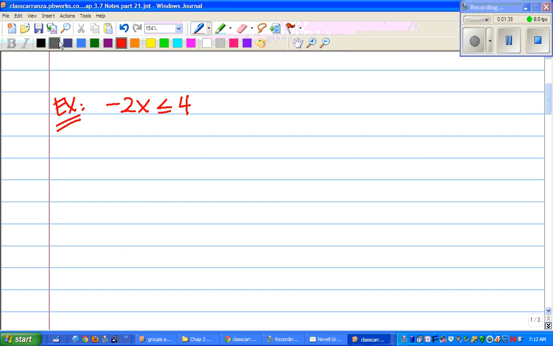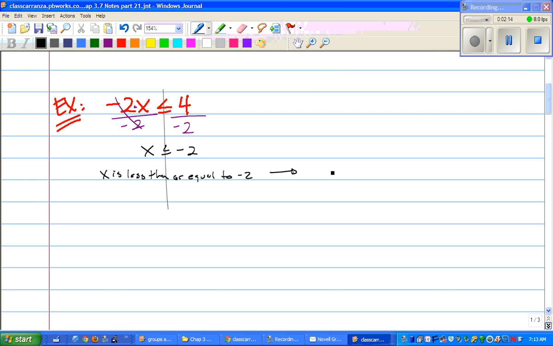All right, example number 2. Now, right here, we have multiplication. To get rid of multiplication, we need to divide. And we're going to divide by a negative 2. And we get x is less than or equal to negative 2. Let's try that out.